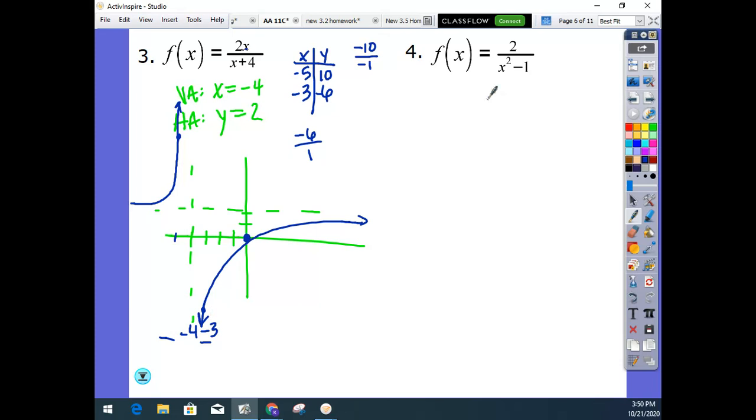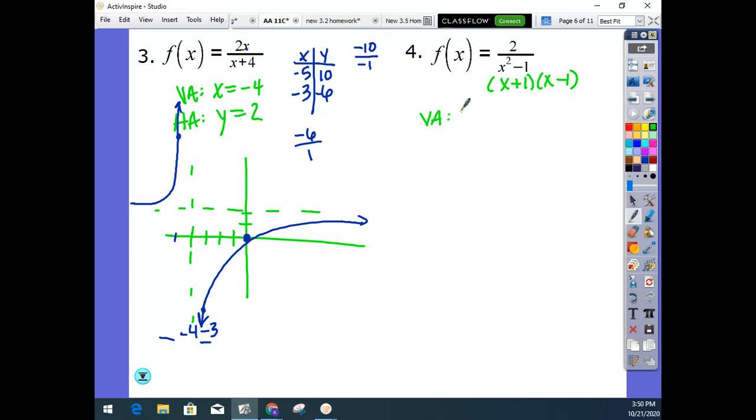Number 4, I didn't fix your note sheets yet. So change your equation to match mine. So the first thing we have to do is factor the denominator so we can see each value of x that creates a 0 in the denominator.